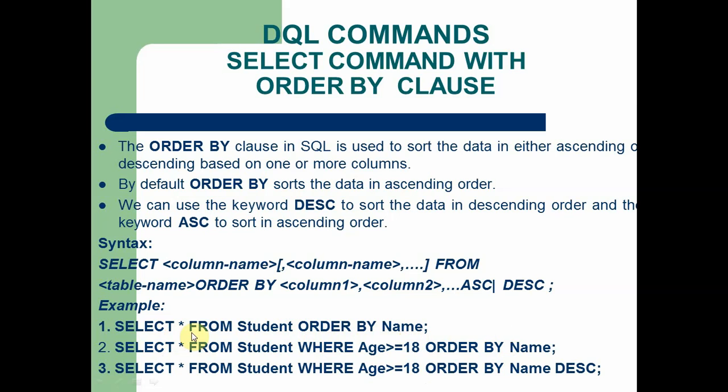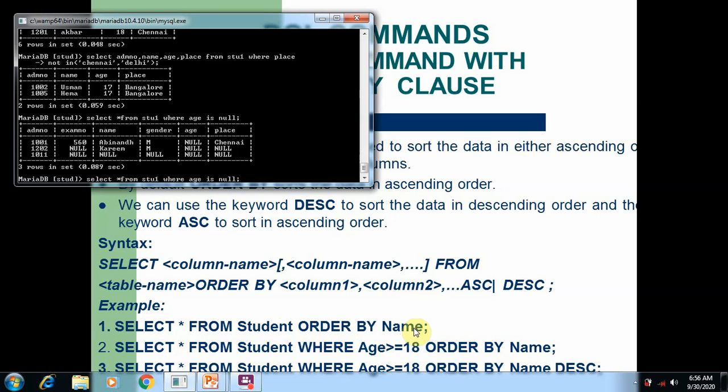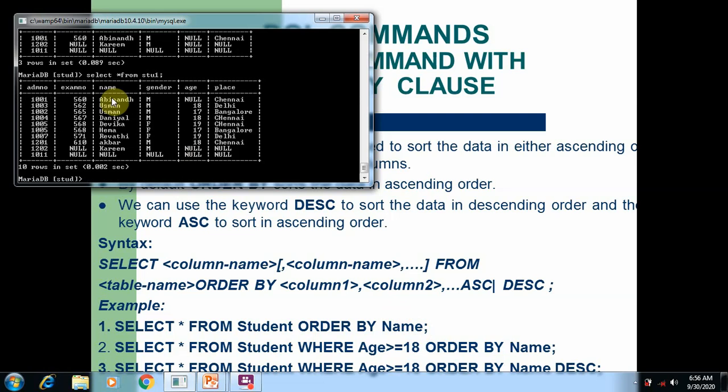It means all the records from the student table are displayed to the user based upon the field name in ascending order. When you open any table with select asterisk from student, you can see all the data displayed but in a different order. This order depends upon the values inserted into the table. If you want to view the table in either ascending or descending order, then you can use the order by clause.